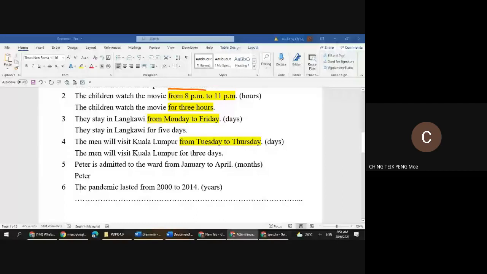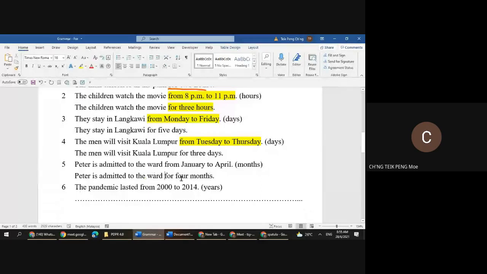I'm going to call someone here, yeah. Nurul Aina Batrisha, siapa? Saya, sir. Okay, so what is your answer? Peter is admitted to the ward. Berapa bulan? 4 months. Okay, good. So for 4 months. Selama 4 bulan, for 4 months.